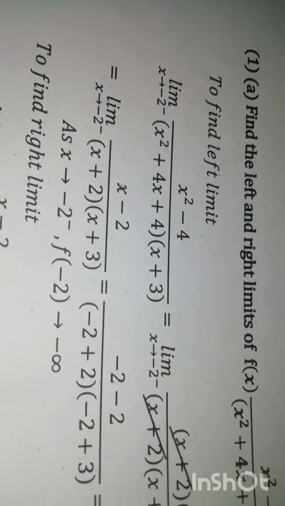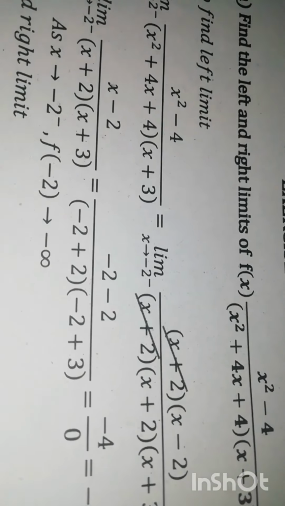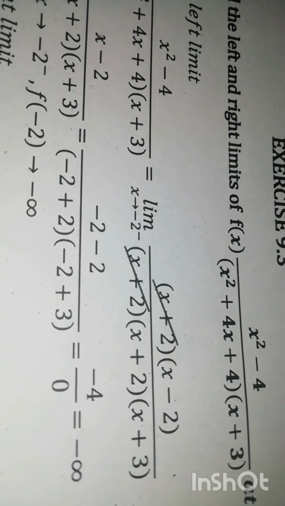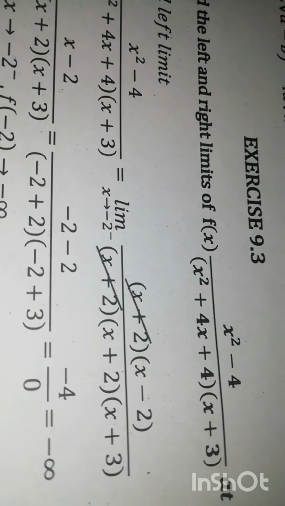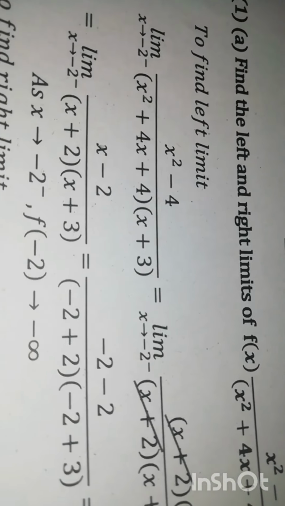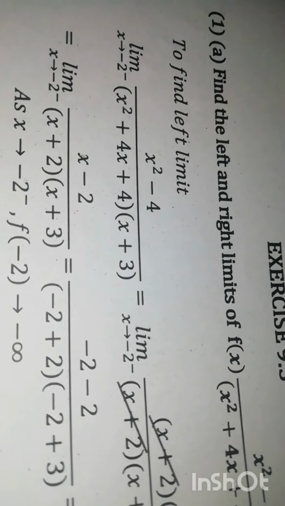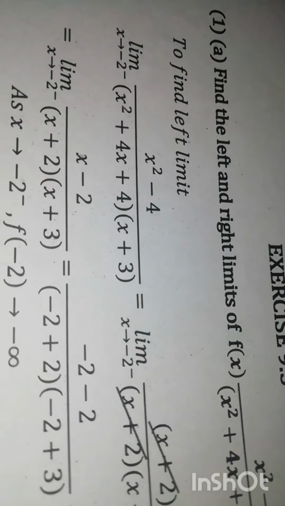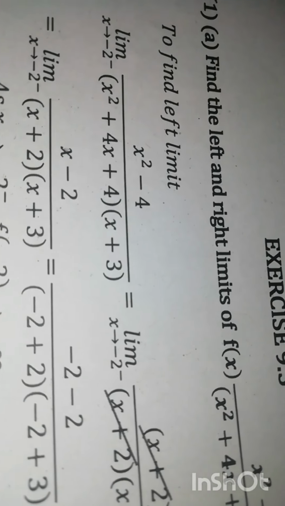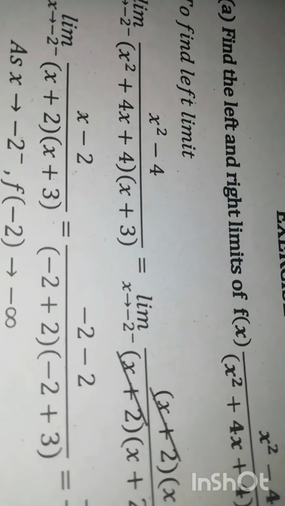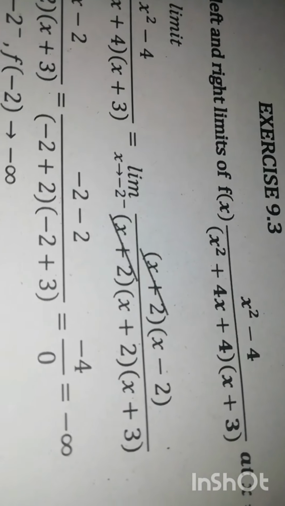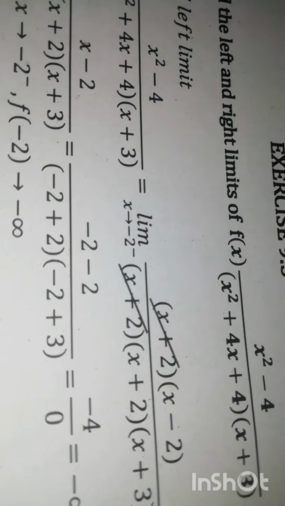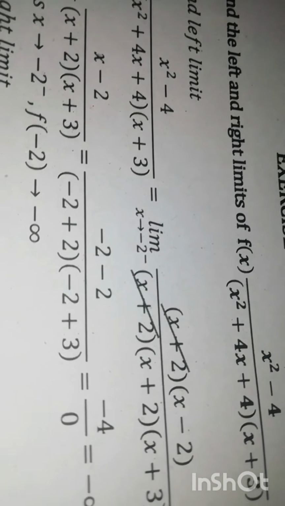First of all, you can simplify the function. x square plus 4x plus 4 factorizes as x plus 2 into x plus 2. After cancellation we get this function. So for the left hand limit, x tends to minus 2, you can put minus 2. We get the answer minus infinity.